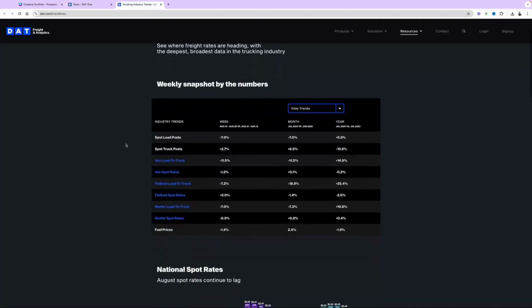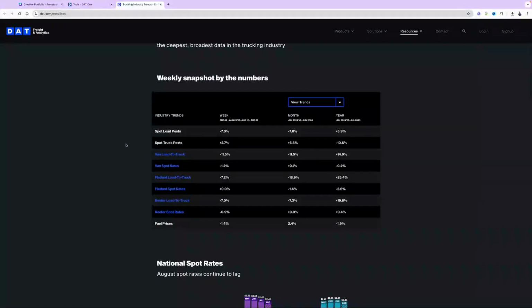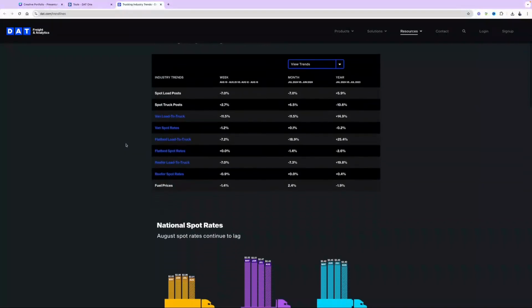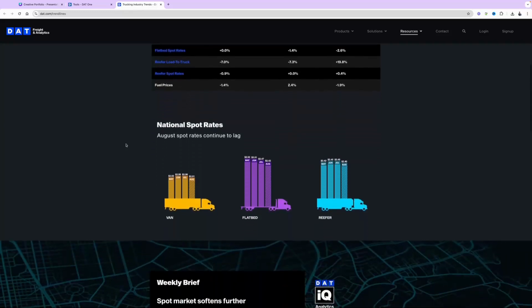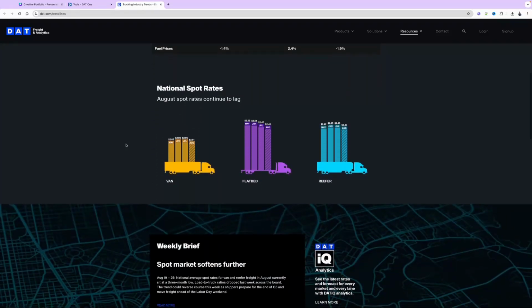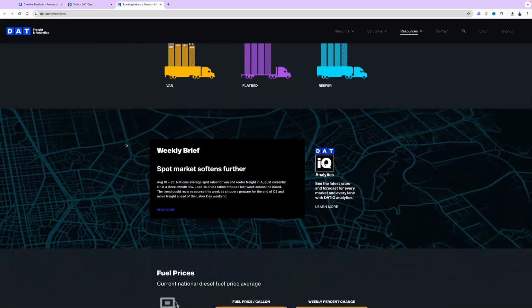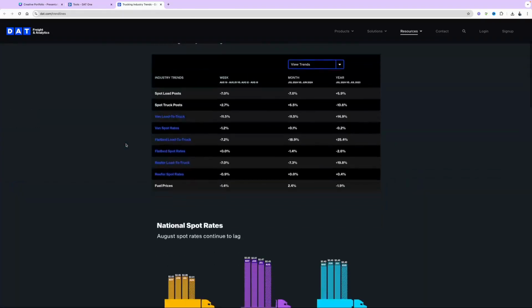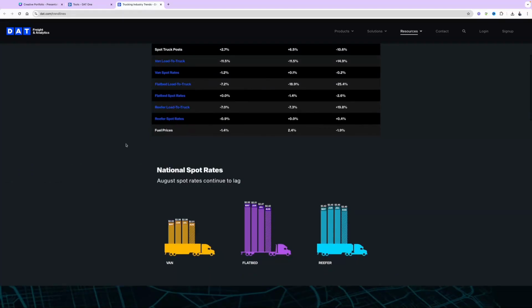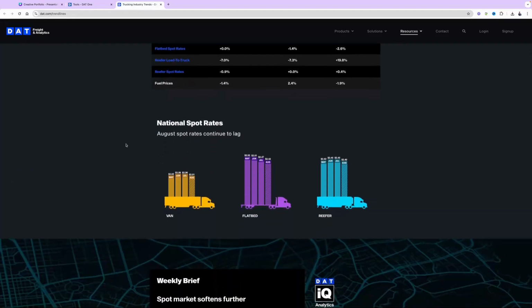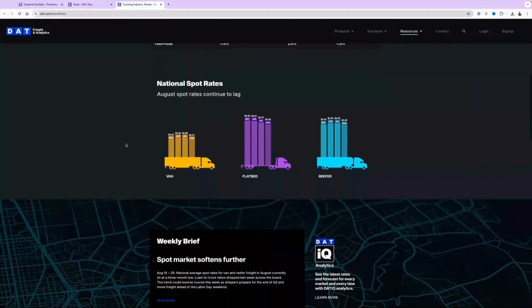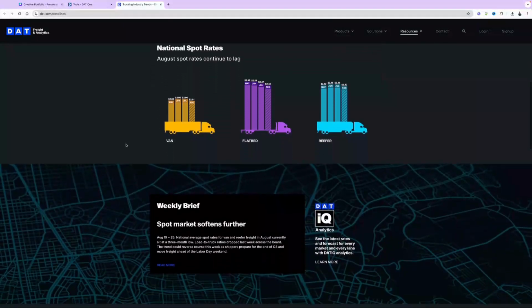What it offers: DAT trend lines gives you insights into national and regional trends. Think of demand and capacity broken down by equipment type like dry van, reefer, and flatbed. By understanding these trends, you can anticipate market shifts, which happens a lot, and you can adjust your strategies accordingly.